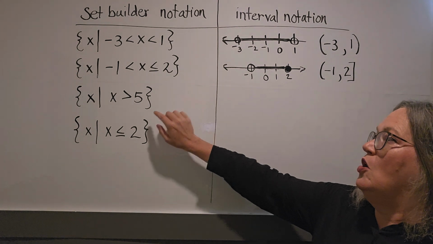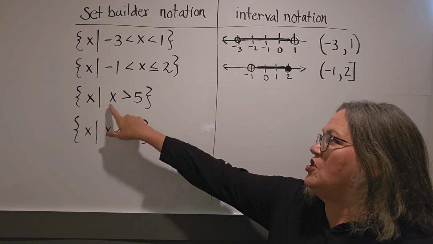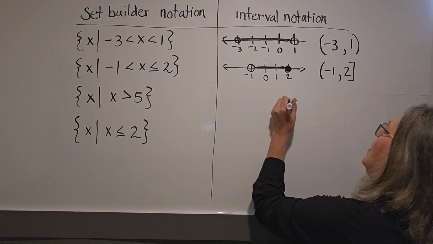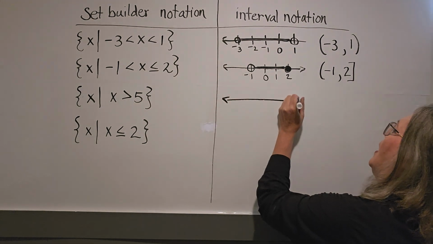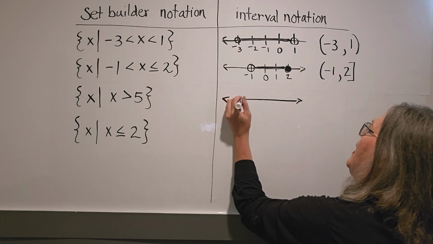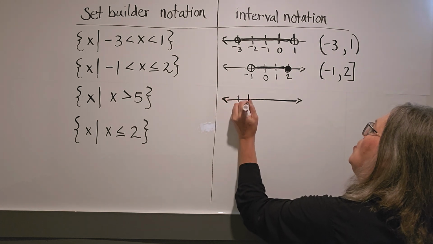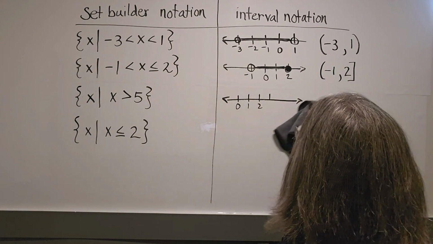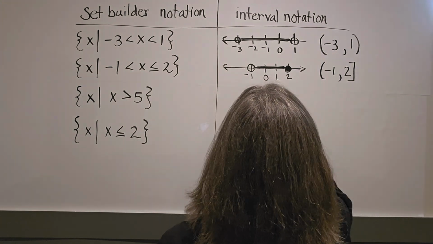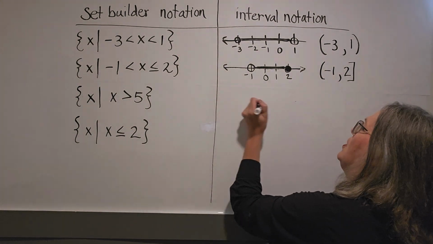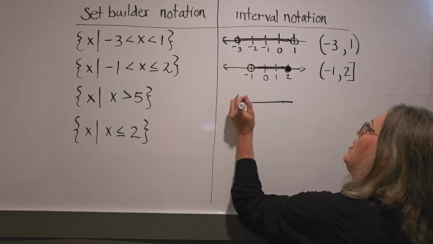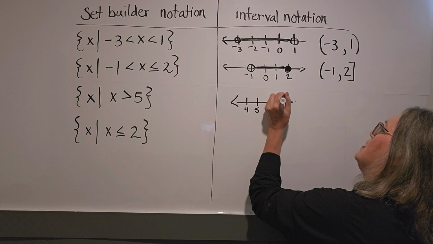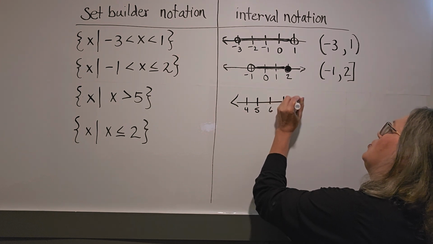Now, here we have the set of all x such that x is greater than 5. So to graph that, let me start with 4, 5, 6, 7, and it goes off to infinity.